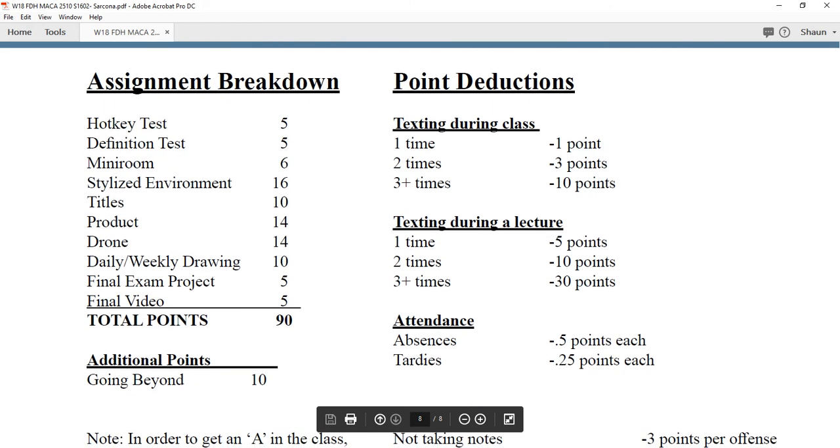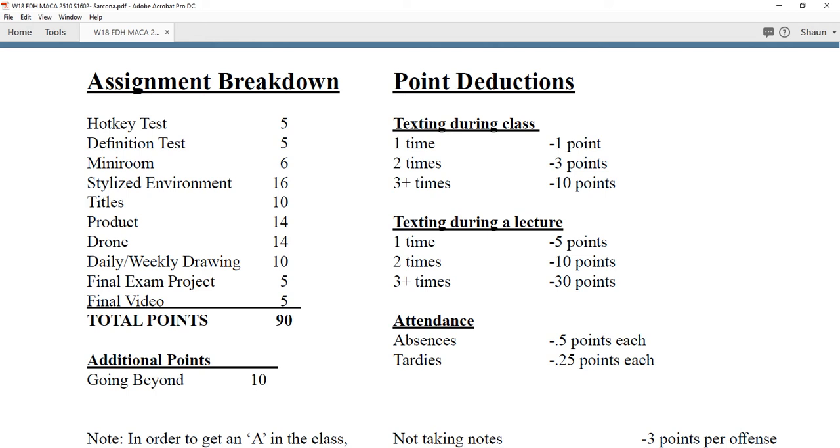Okay, point deductions. If you are texting during class, typically I don't have to take points out for these, but excessive texting, okay? If I walk by, every time I walk by, you're texting someone or you're hiding your phone because you were just texting someone or whatever the case is, that's point deductions, okay? You shouldn't be texting during class. If you're here, like I said, paying $500 or $600 to be here, dedicate that time to actually doing work.